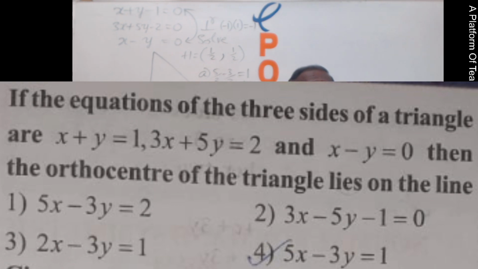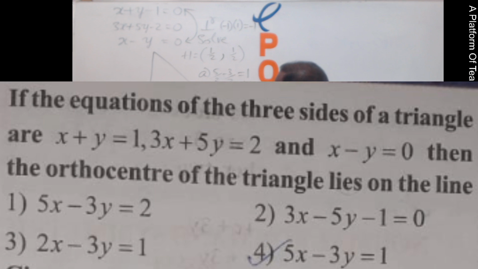Option B, 3x minus 5y. 3 by 2 minus 5 by 2 is equal to 1? No, it is equal to minus 1 here. C, 2x minus 3y. 2 by 2 minus 3 by 2 is equal to 1? No, it is equal to minus 1 by 2 here. It is also not correct.